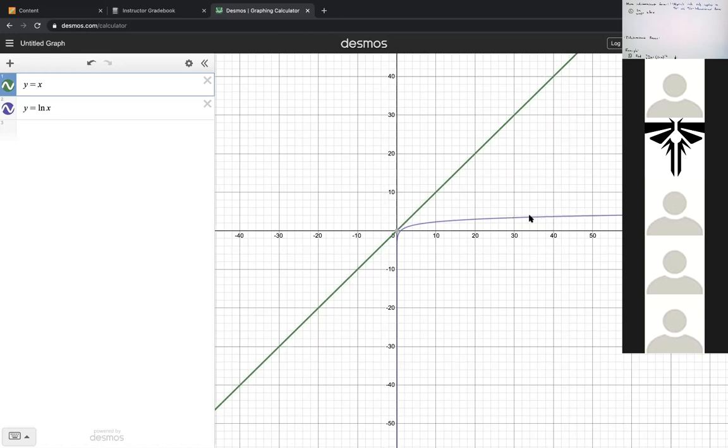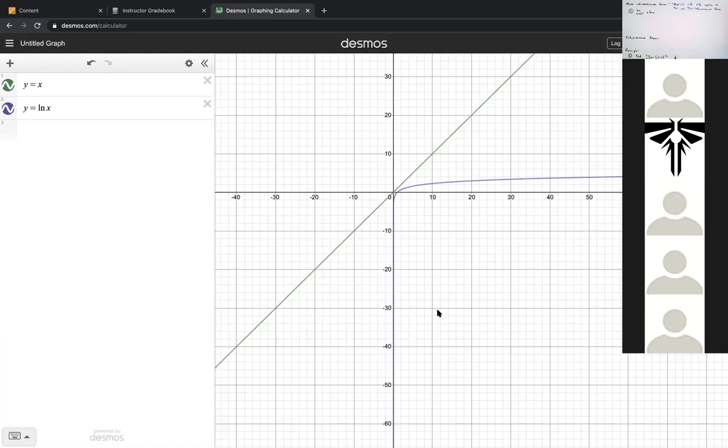And remember, it can't ever have negative values of x because it's undefined over there. What happens is, as it gets closer and closer to x equals 0, the value of the natural log is going to get closer and closer to minus infinity. It's going to get larger and negative.